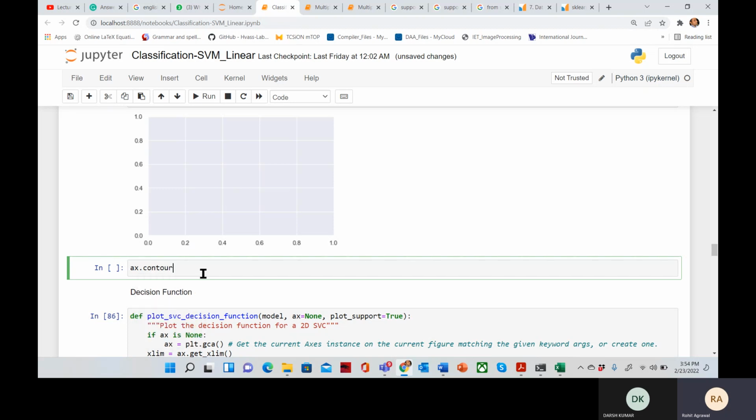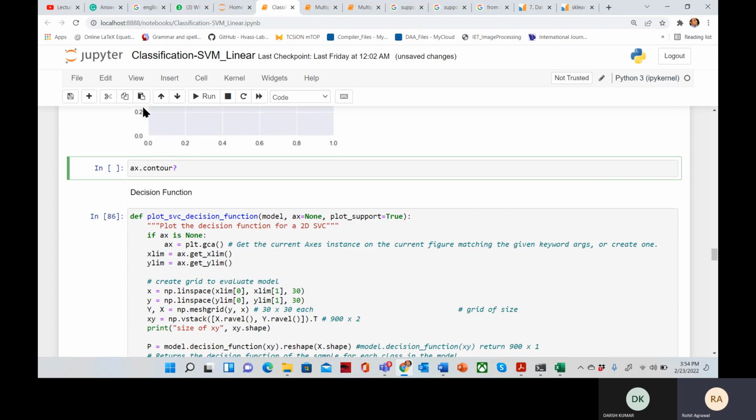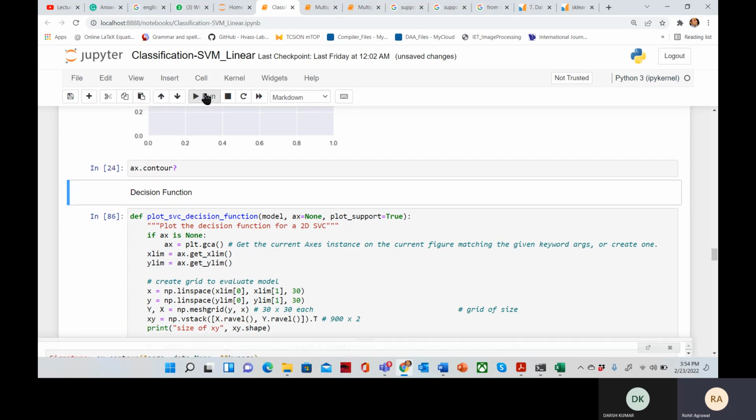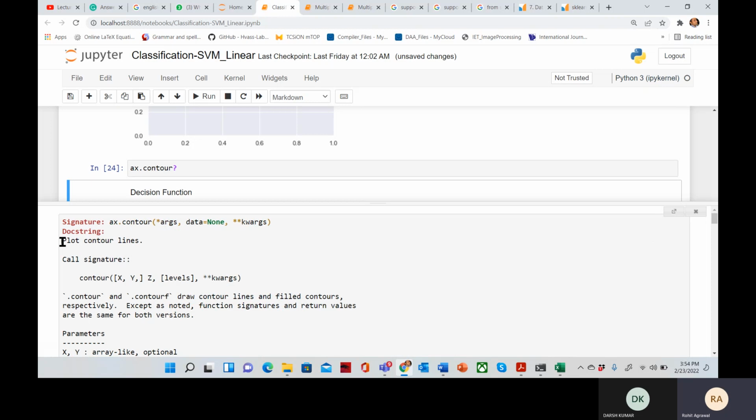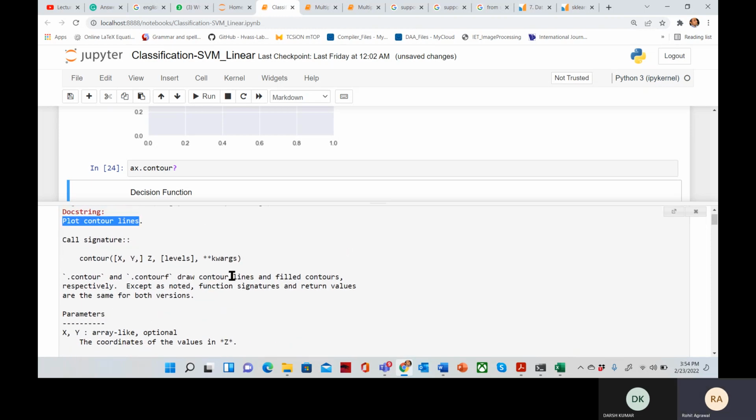Actually, there is a topic called optimization, and in optimization we learn about this. So what is contour? It plots the contour lines. So contour will draw contour lines, and contourf will fill them. That means it will fill all the regions.